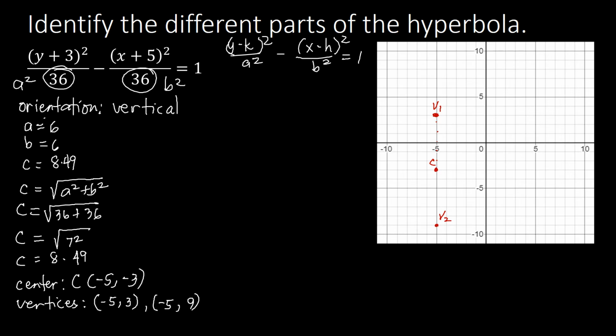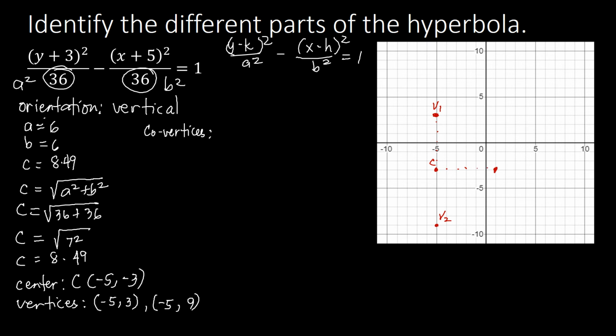So next one, we are going to identify our co-vertices. So again, we'll be using the graphical method. From the center, we will be counting horizontally 6 units as well because our b there is 6. So we have 1, 2, 3, 4, 5, 6. This will be our co-vertex.